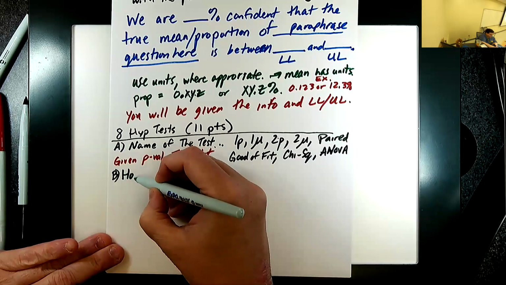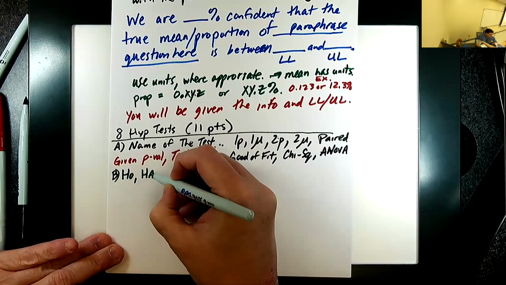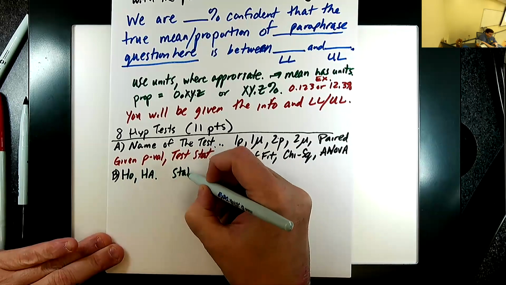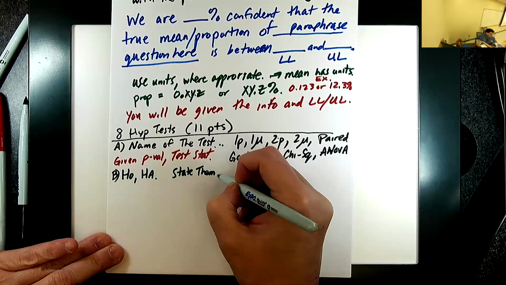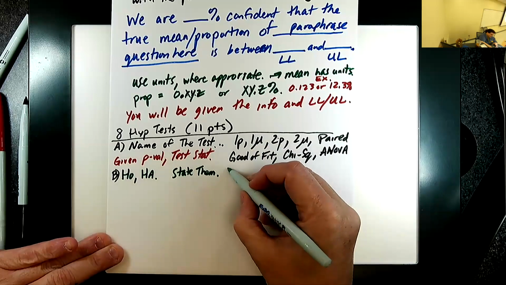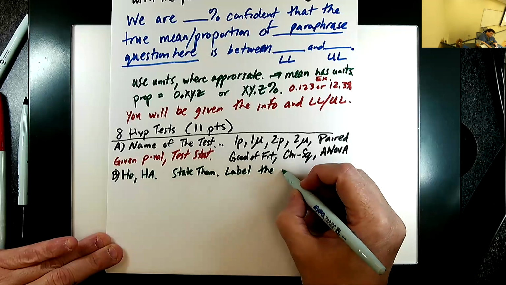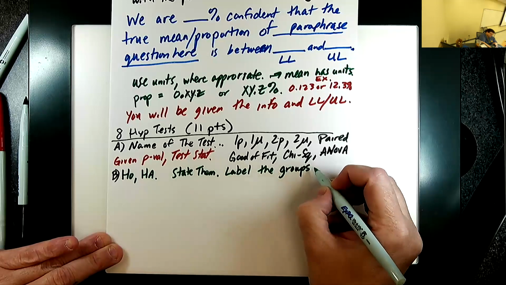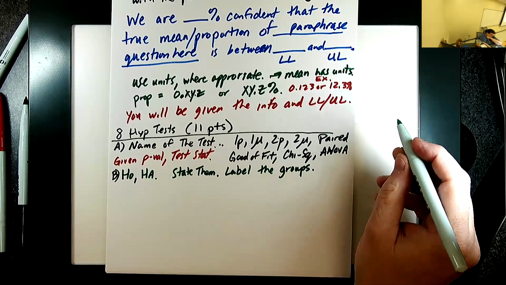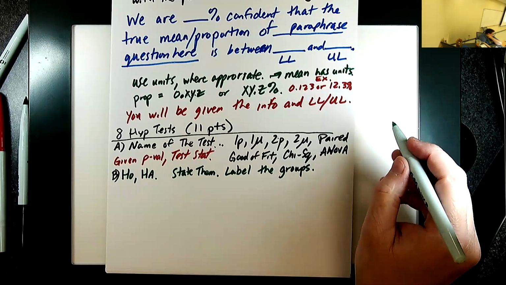state H naught and HA. State them. Label the groups when needed for the more than one group. H naught and HA doesn't make sense for some, like the 2 proportion thing.